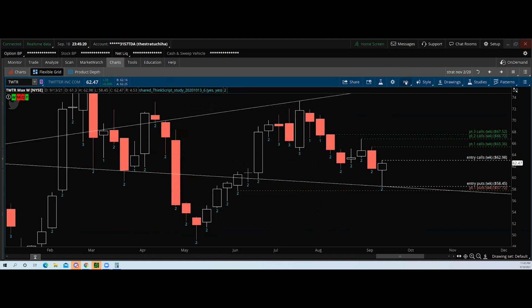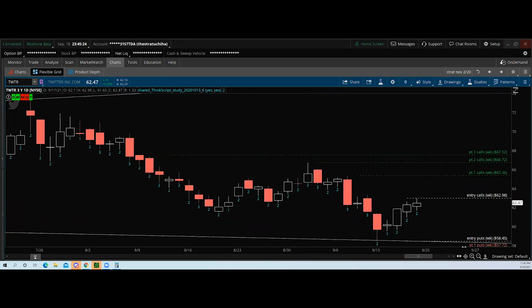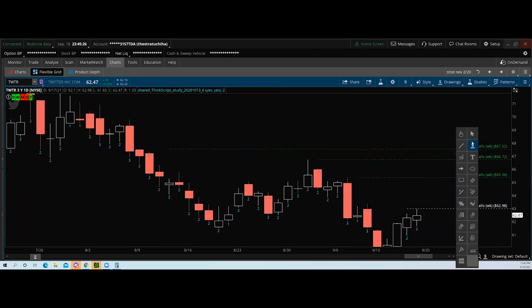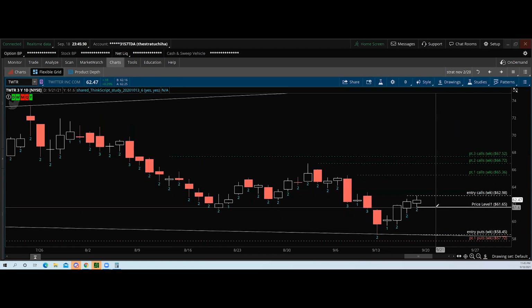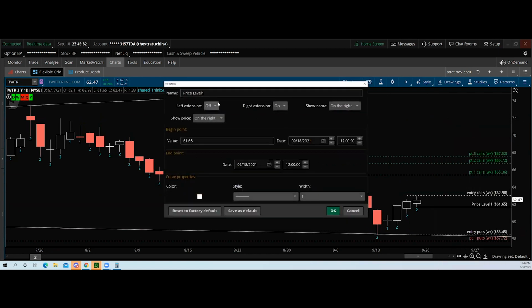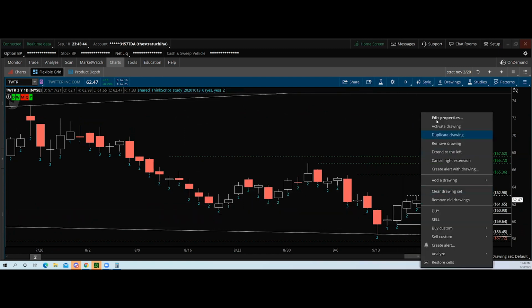All right. Go down to the daily. We see basically it could be a potentially 2-2 continuation. Mark the low for puts. So this would be your entry for puts on the daily. Entry puts daily. All right. And then this would be PT1, PT2 for puts.